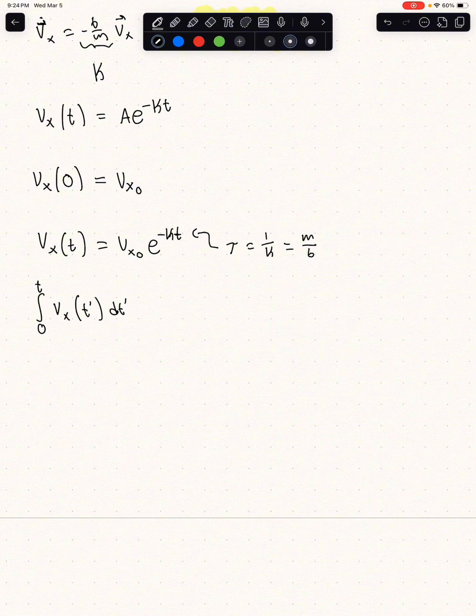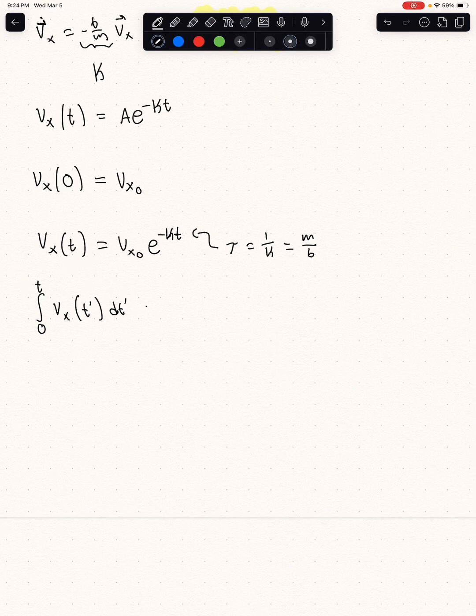Oftentimes when the integration bounds are the same as the variable in your integrand, they will denote the variable in the integrand with a prime to differentiate the two. So we have the integral from 0 to t of vx of t prime dt prime. It's still denoting time, just differentiating between the t and the integration bound.